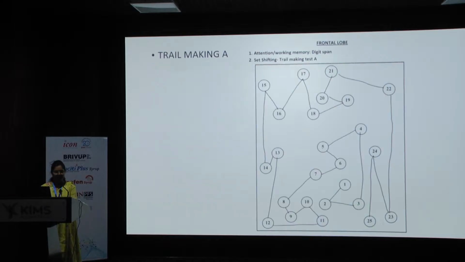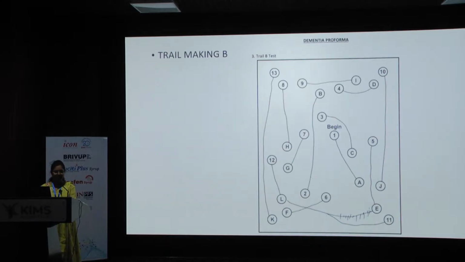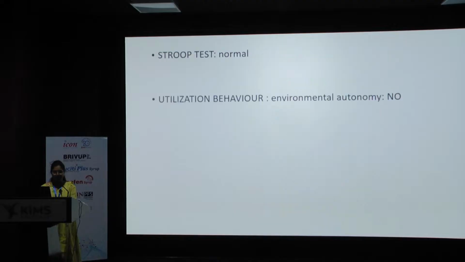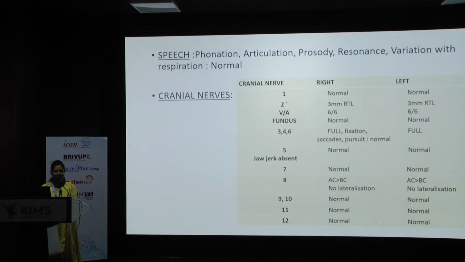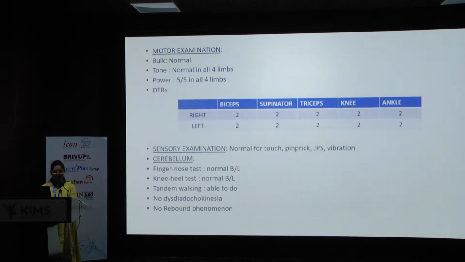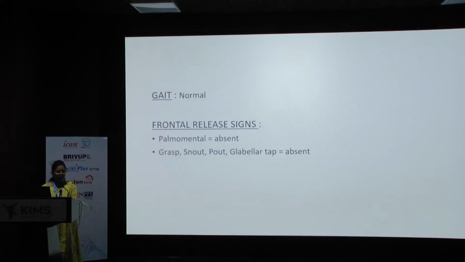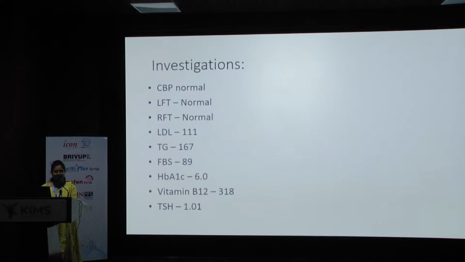Trail making: trail A he could do properly, trail B he made a few mistakes. Stroop test is normal and utilization behavior, environmental autonomy is absent. Speech was normal. Cranial nerves, motor system, sensory examination, cerebellum examination were normal. Gait is normal, there were no frontal release signs.